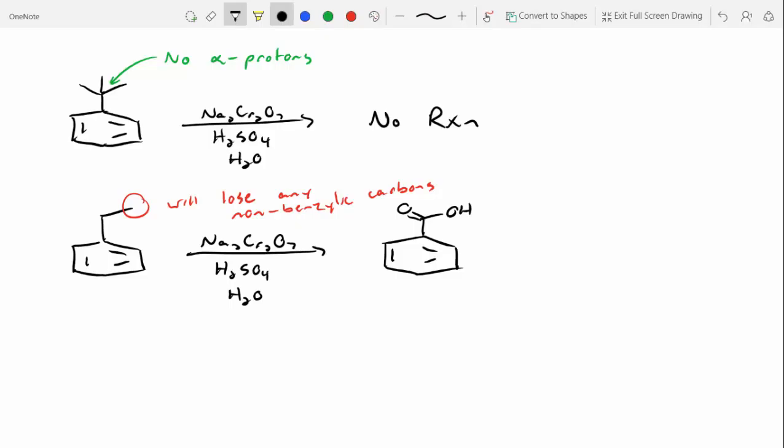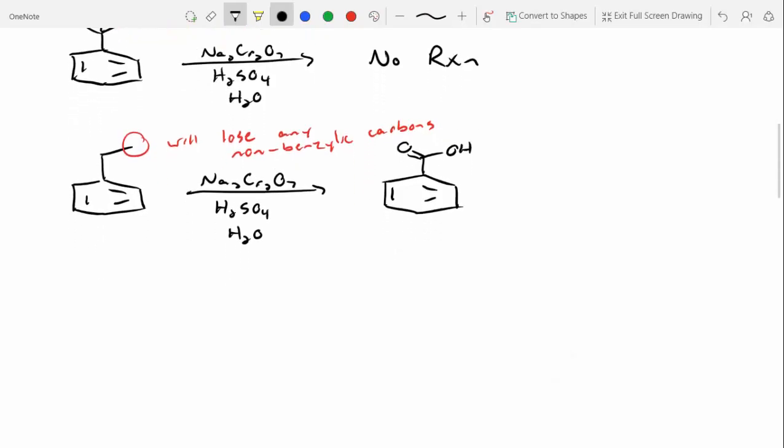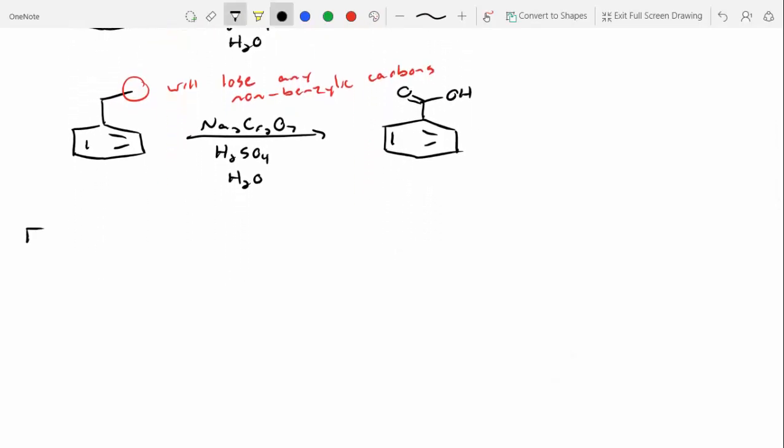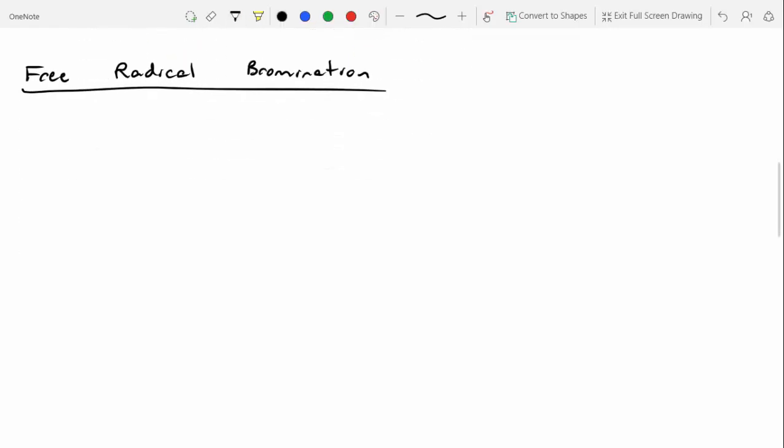All right. One last reaction is free radical bromination. All right, let's say we've got this compound, and we treat this with NBS and heat.